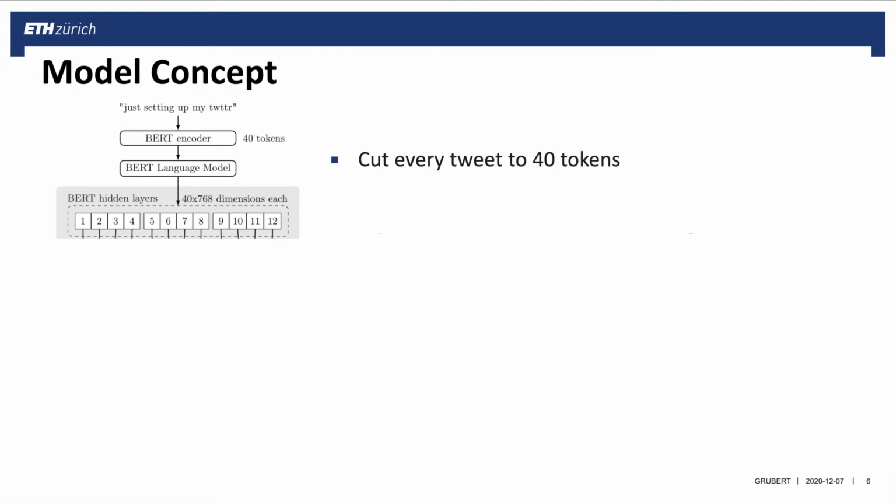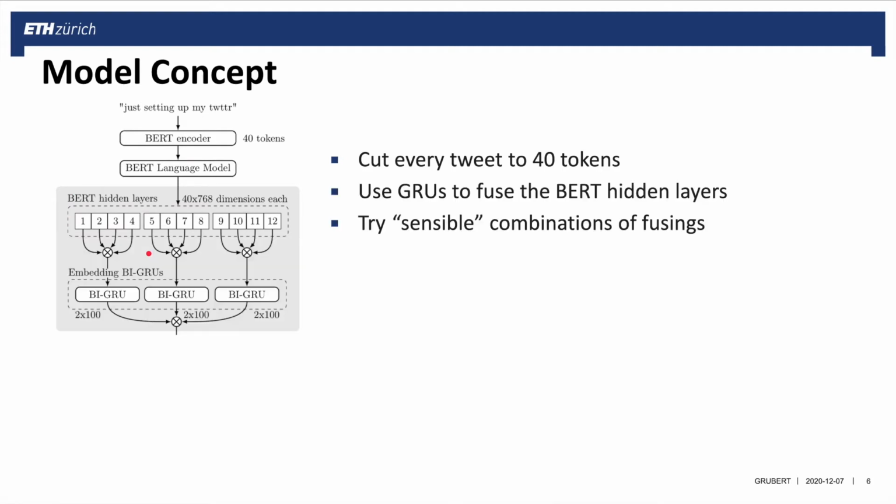So the first step in our model is to cut every tweet to 40 tokens and then feed it through the BERT language model, which gives us the 12 BERT hidden layers. Once this is done, we use GRUs to fuse the BERT hidden layers. So here in this example, we have 3 groups of 4 and 1 BiGRU per group, which we call the embedding BiGRUs. And of course, for the groups, we try sensible combinations of fusings.